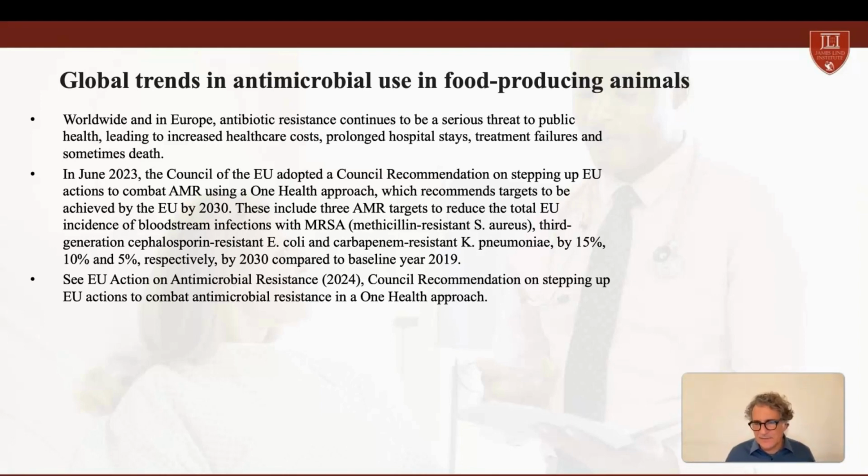It means that this resistance can quite easily be transmitted to humans. That's the reason why it's very important to understand that this problem is not just a national problem, but a global problem.